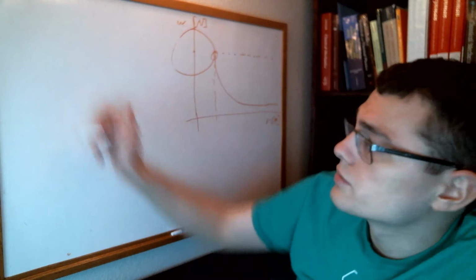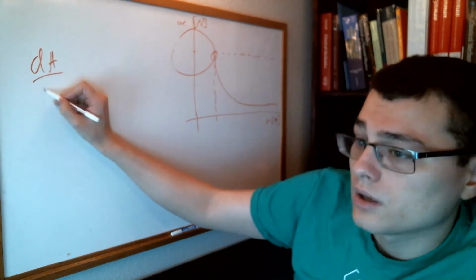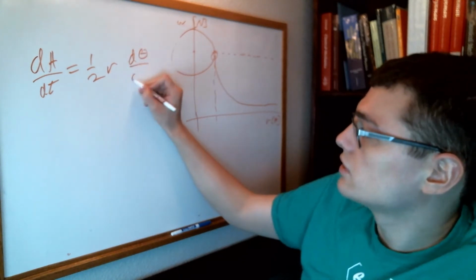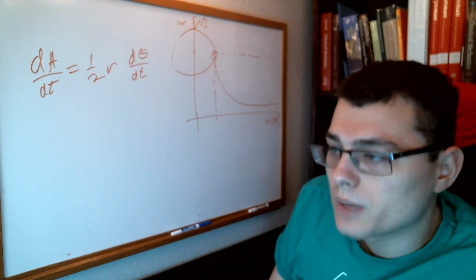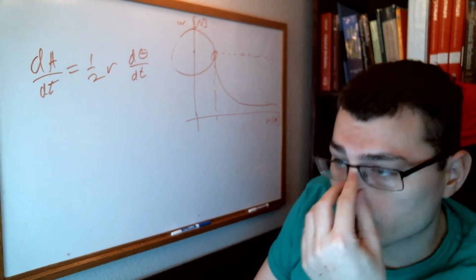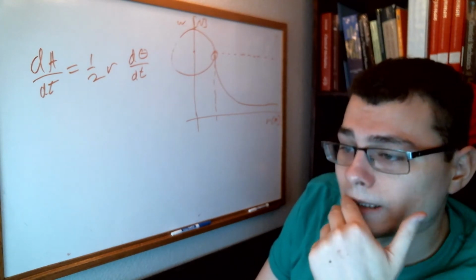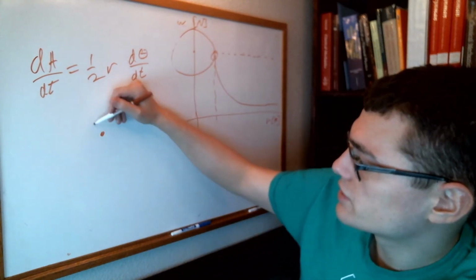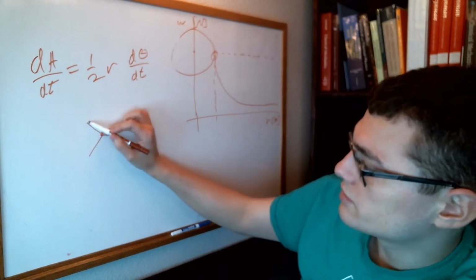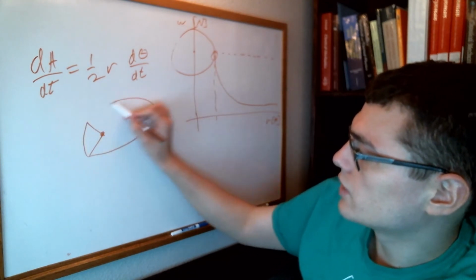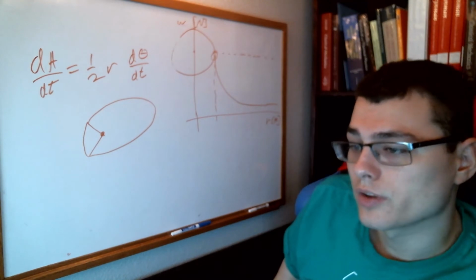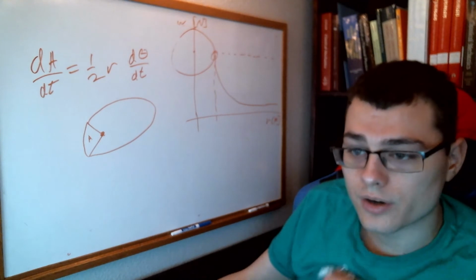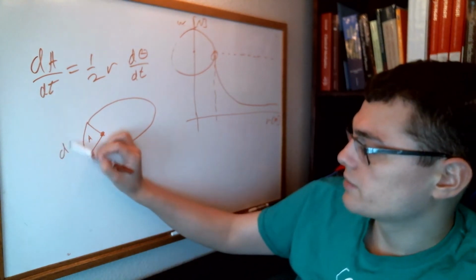What we can say here is that dA/dt is going to be equal to 1/2 r dθ/dt. I believe we have enough practice with rotational dynamics here. Say this is the sun here, and this is some time interval dt, and this is the two-dimensional area swept out by the orbit over this time period dt.